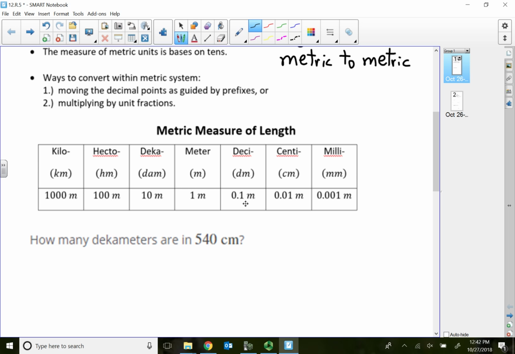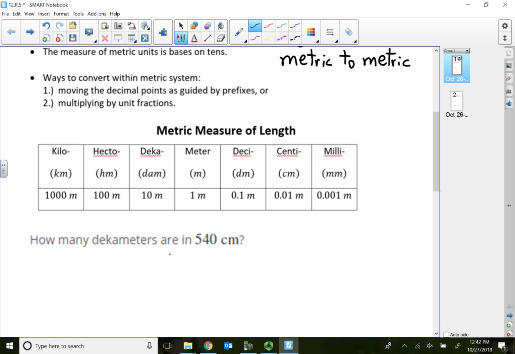Deci is 0.1 compared to the meter. Centi is 0.01. Milli is 0.001. So kilo is 1,000 meters, which means kilo is 3 places to the left of meter. So 3 places to the left referring to 1,000, just like on our number system.